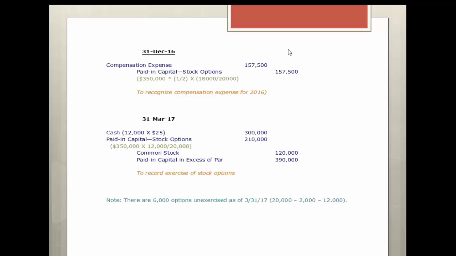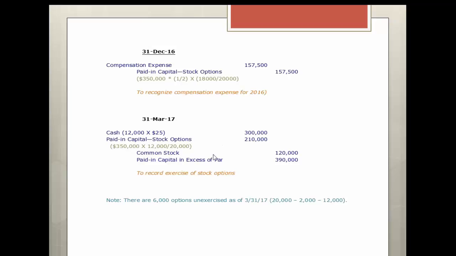And then on December 31st, 2016, not half, but a little less than half. It's 18,000 shares divided by the total of 20,000 shares, so the compensation expense is less for 2016, $157,500, and paid-in capital, $157,500. Exercising of these options of 12,000 shares, and the exercise price is $25 per share.